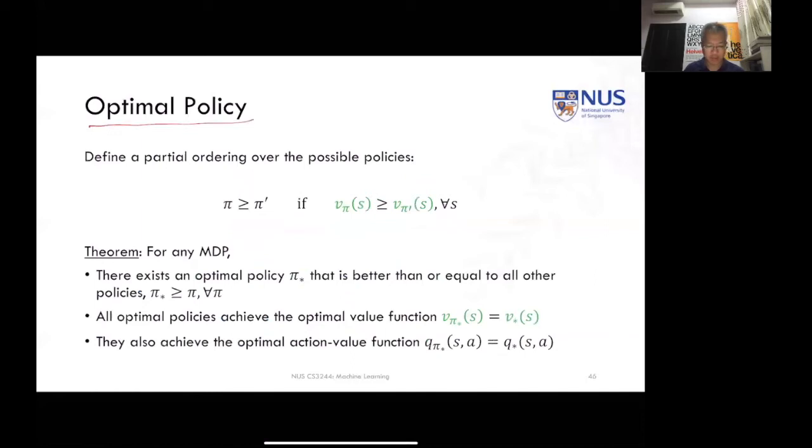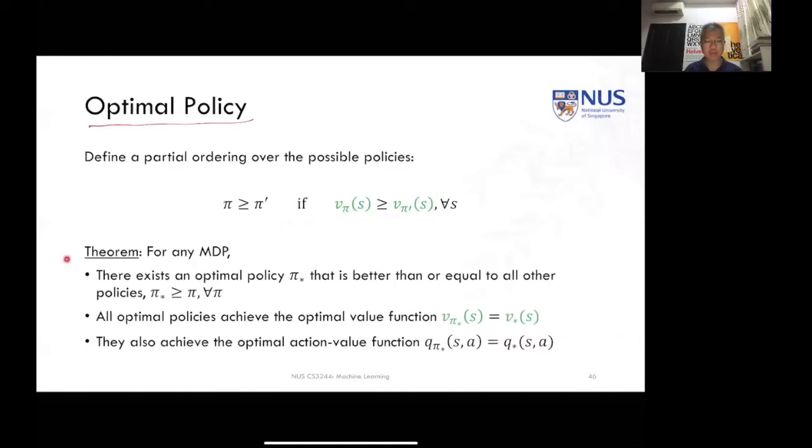Just like we saw in concept learning, the idea of a partial ordering, we're going to say one policy pi is better than a policy pi prime if for all of the possible states, every single state, I can find a value function for the state that's either equal or greater to the value function under another policy, pi prime.